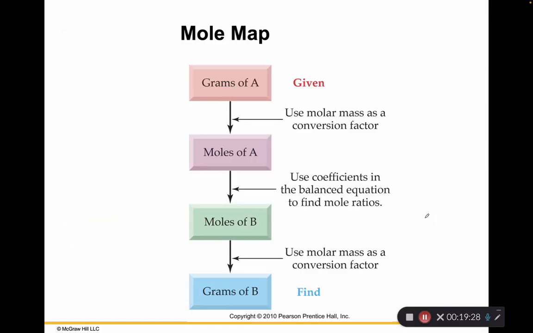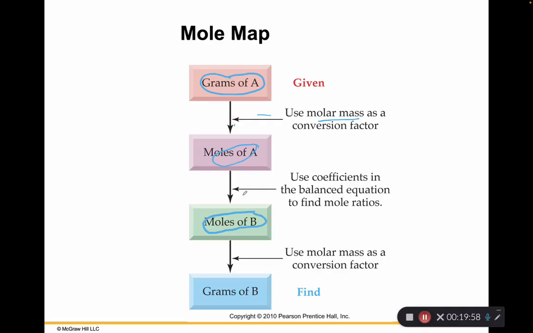This slide tells you the logic behind what we just did. We started with grams of A, meaning one of the reactants, that was given. We used the molar mass and got the moles of that A. Once we got the moles of A, the question was asking about B, so we had to bring the moles of B into the picture.